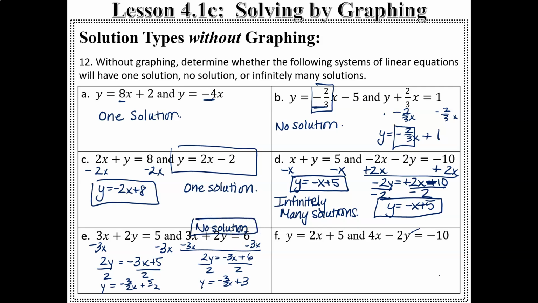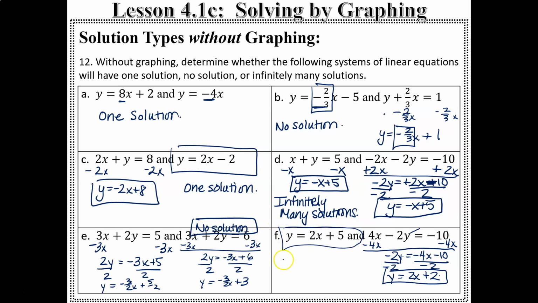All right, F, we have one already in slope-intercept form. We got to shift this other one around. I'm going to subtract 4x from both sides. So I have negative 2y equals negative 4x minus 10. I'm going to be more careful with the signs. So y equals positive 2x plus 5. And if you look at that, it's the same equation.